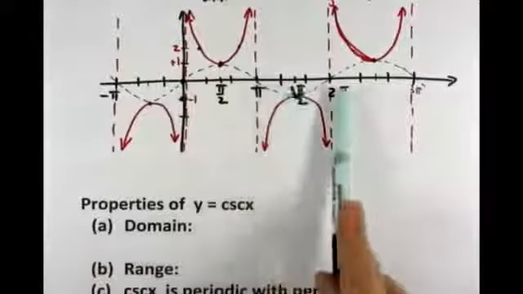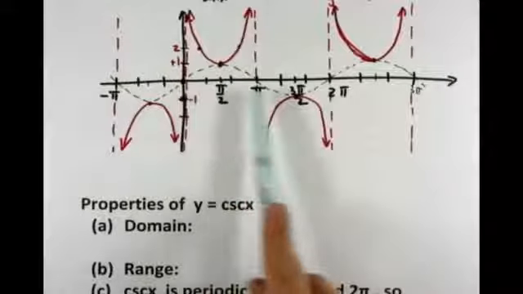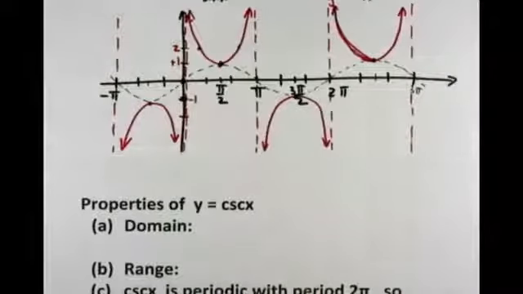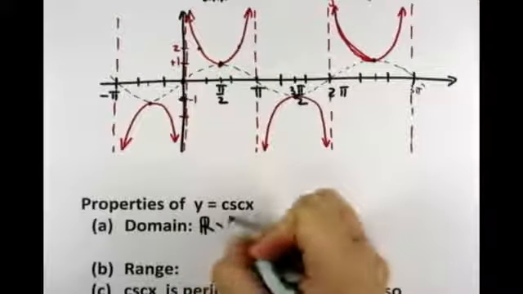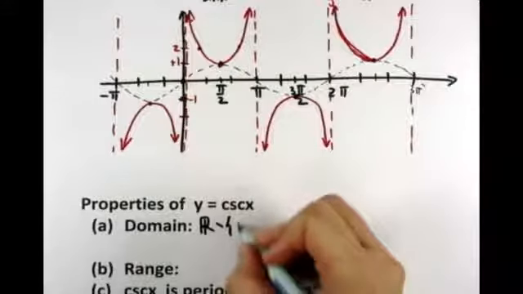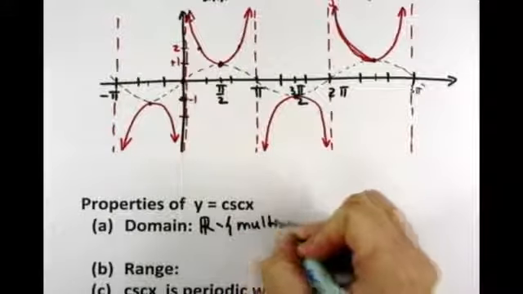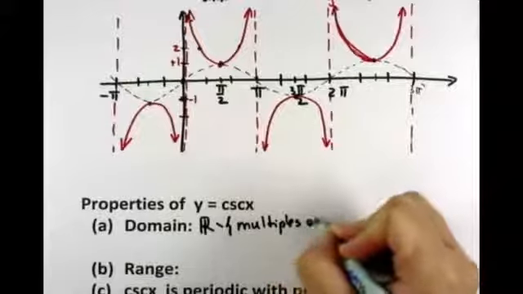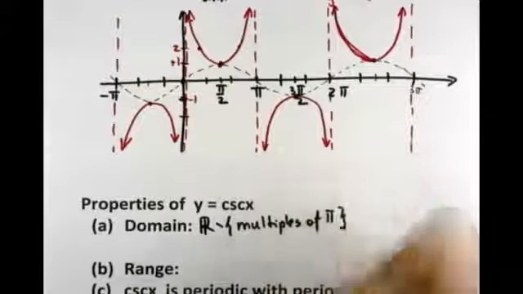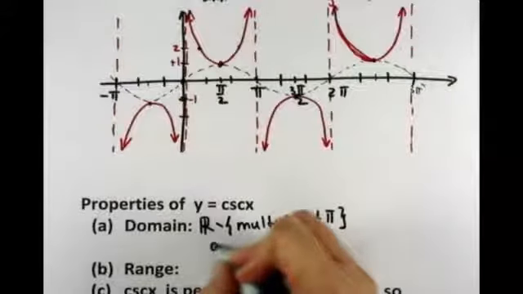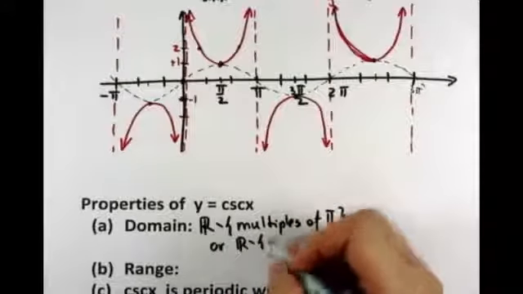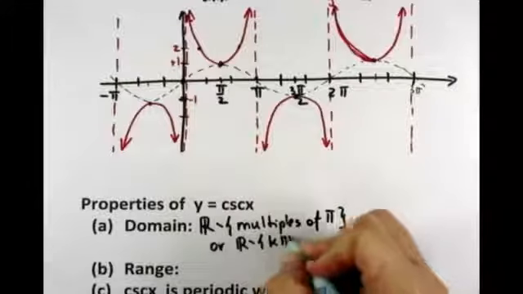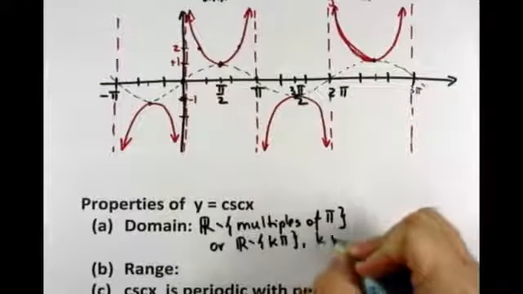Asymptotes are at multiples of pi: 0, pi, 2 pi, 3 pi. So the domain is all real numbers minus multiples of pi. Or we can write that the domain is all real numbers minus k pi, where k is an integer.